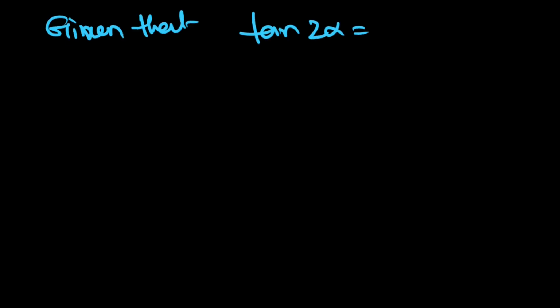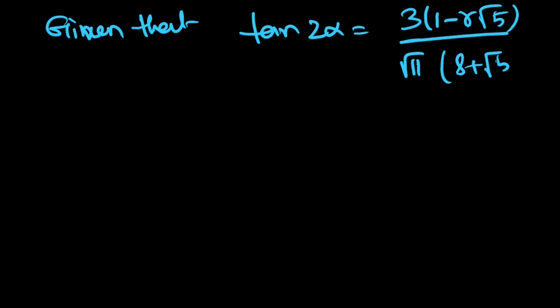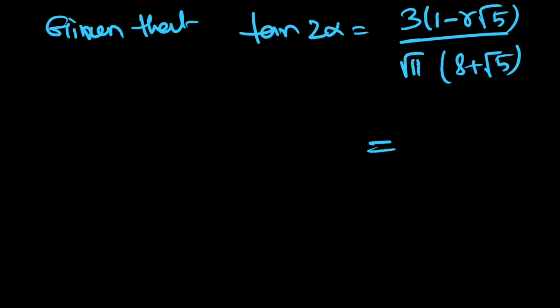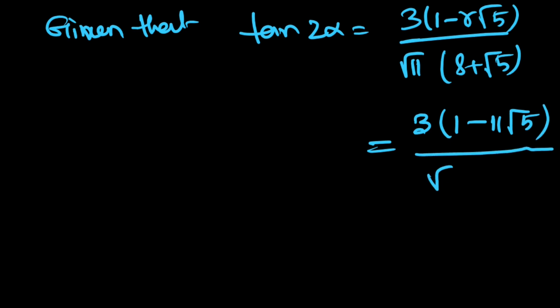Now it is given that tan 2 alpha is equal to 3 times (1 minus r root under 5) over root under 11 (s plus root under 5). And we got tan 2 alpha is equal to 3 times (1 minus 11 root under 5) over root under 11 (root under 5 plus 9).